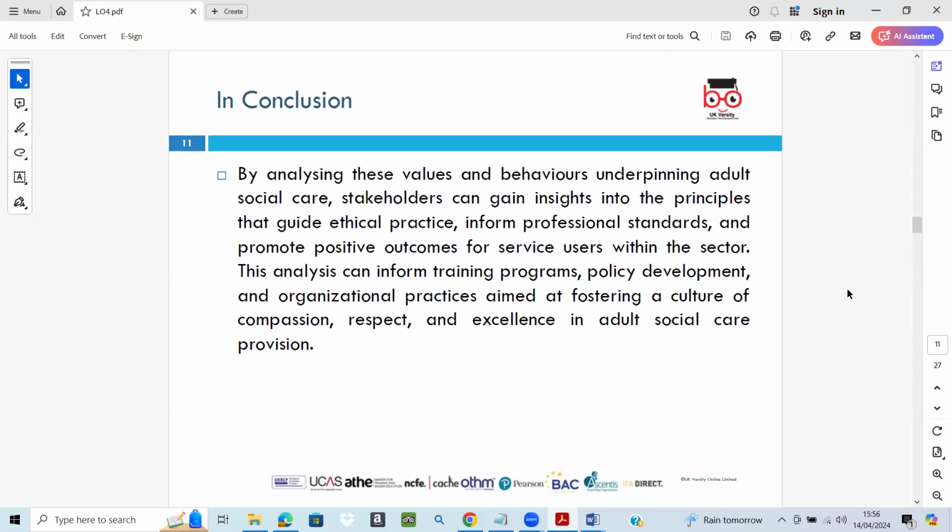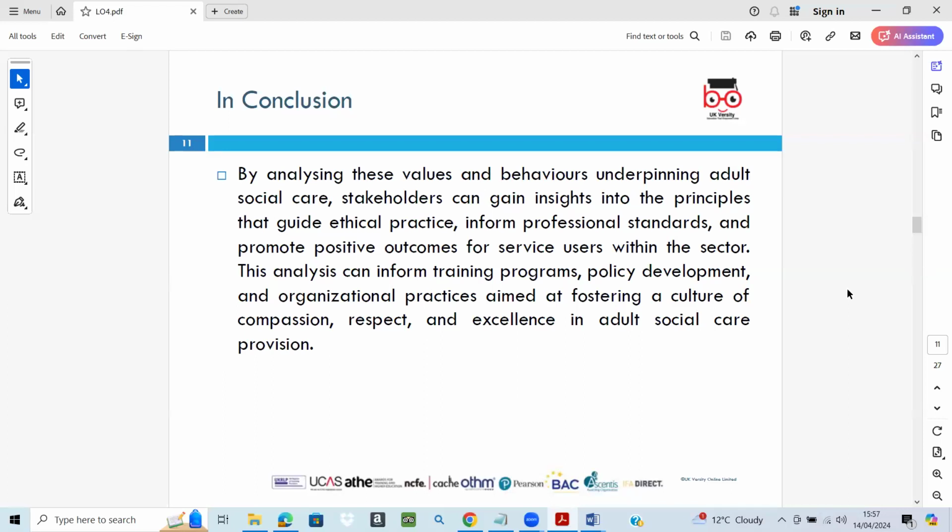We need to identify the issue as the first step, for example, when taking care of a service user. Then we gather data to understand the scope of the problem, or any concern the service user has, and then we find some solution, maybe with the help of the team.